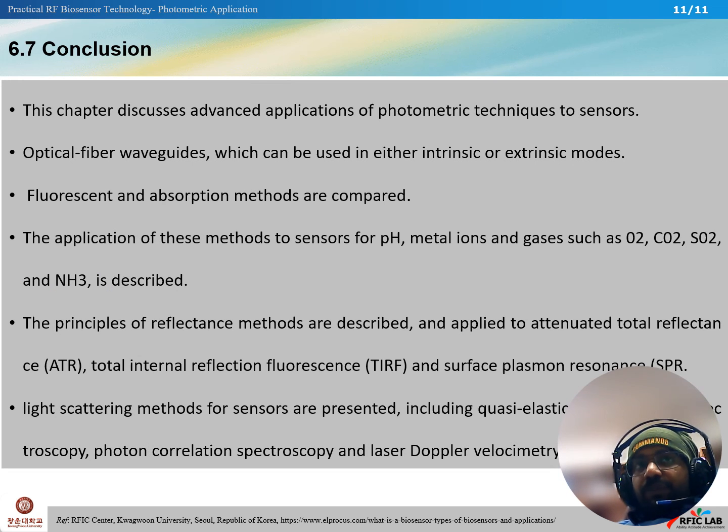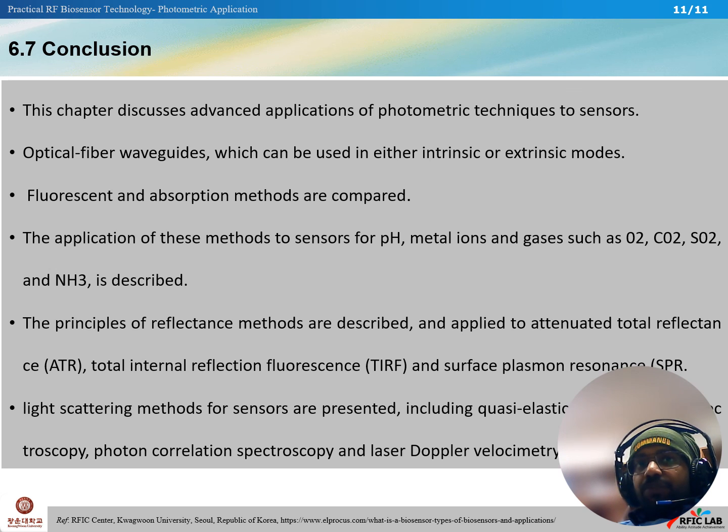To conclude our presentation, we discussed the application of photometric techniques to sensors. We covered the optical fiber waveguide, which can be used in either extrinsic or intrinsic mode. We talked about pH, and fluorescent and absorption methods were also compared. We talked about methyl red for the detection of acid and base in the pH range of 7 to 7.5.